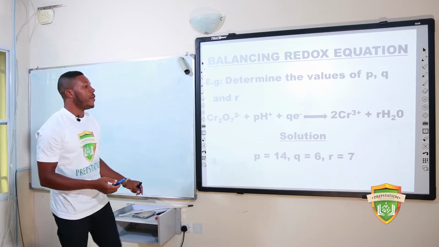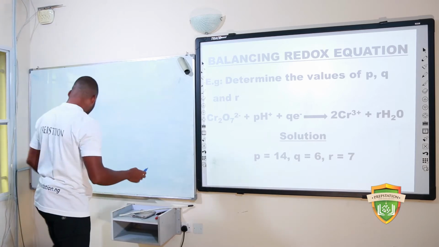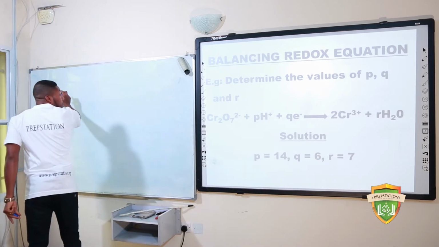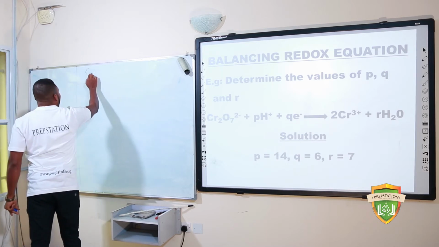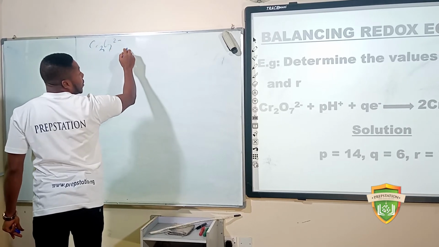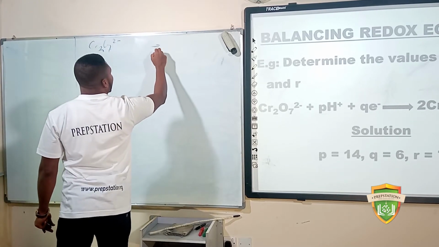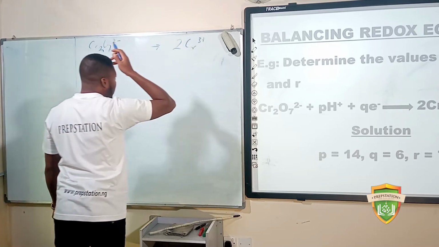Now let me show you the full method of balancing this equation. We have Cr2O7 2 minus down to 2Cr3 plus.